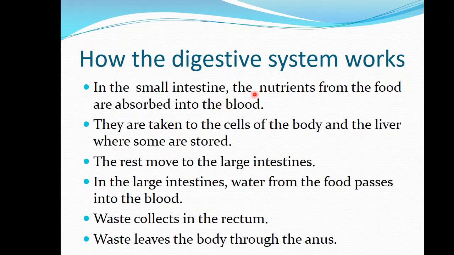After the nutrients are taken to the cells and the liver, the rest move to the large intestines. In the large intestine, water from the food passes into the blood. Then the waste collects in the rectum, and it leaves the body through the anus.